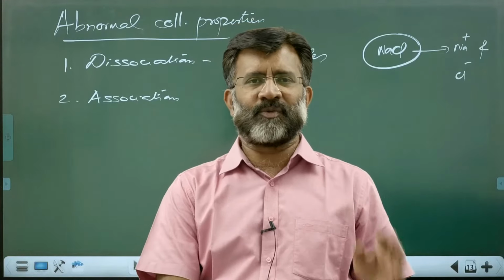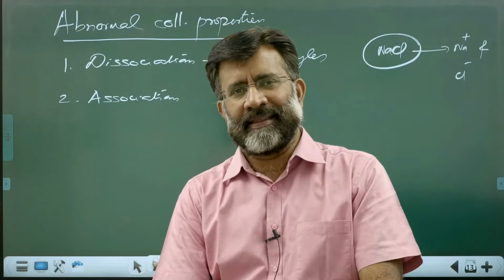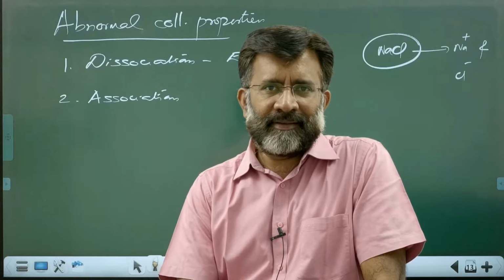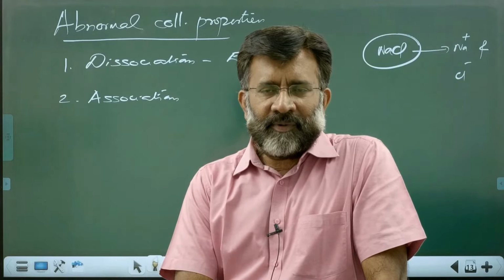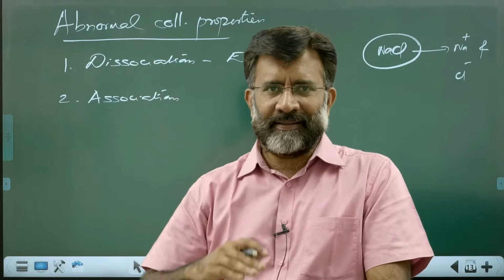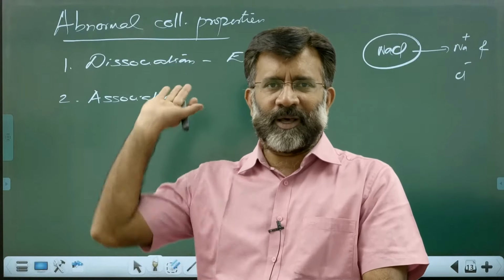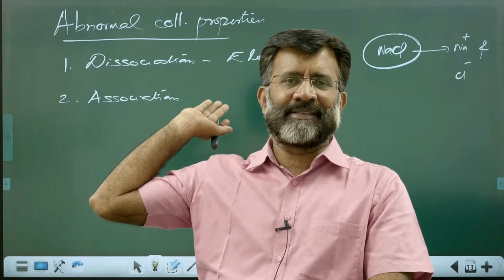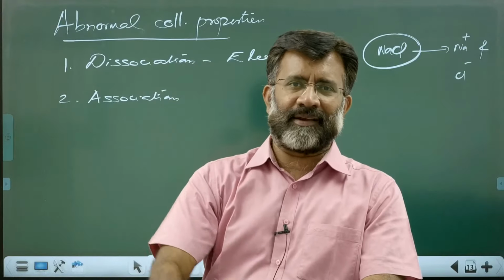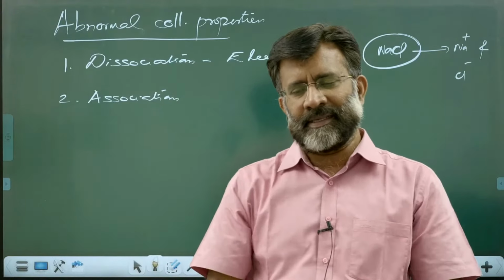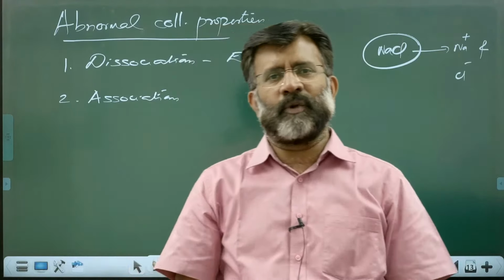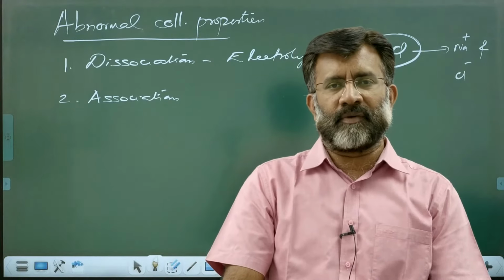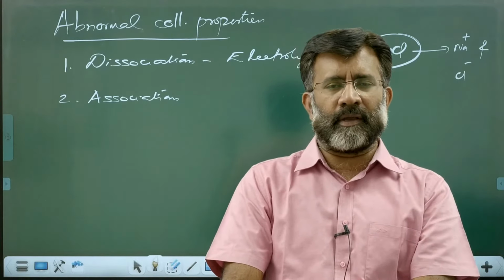Colligative properties will be much higher than what we expect. Molar mass will be much lower than what we expect. Actual molar mass is 58.5, in the 60 range. What we get will be in the range of 30, because each particle splits into Na+ and Cl-. So there will be abnormality in the colligative property.